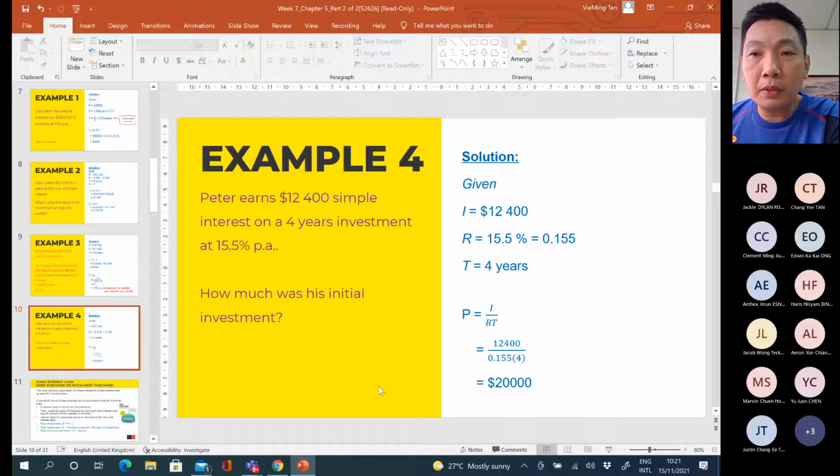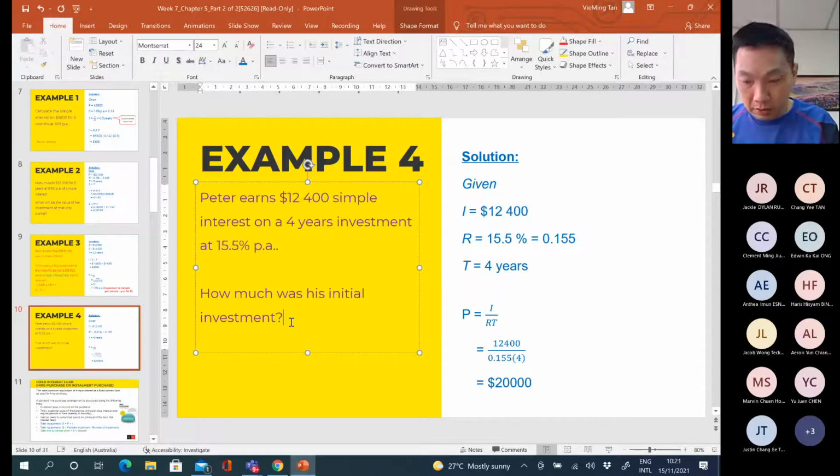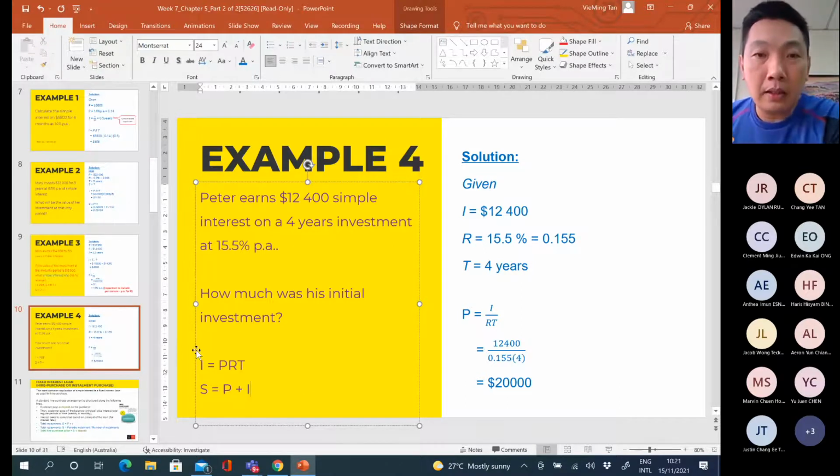So which formula do we need to use? Today we already learned two formulas: I equals PRT, and S is equal to P plus I. And you are asked to calculate the P value.